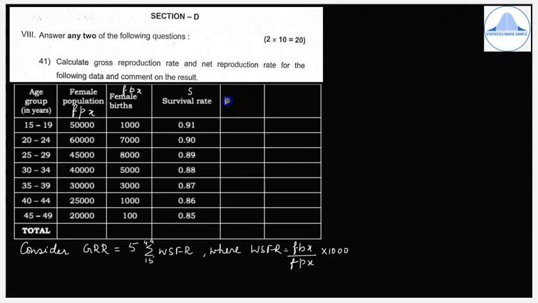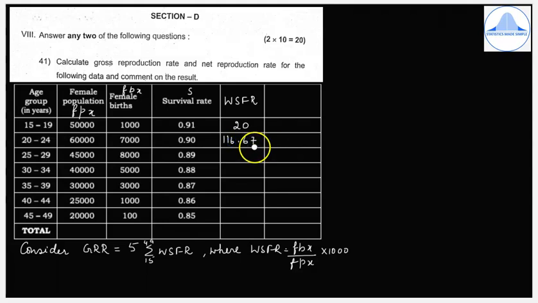So in the table, let us form the column WSFR. So it is 1000 divided by 50,000 into 1000. So that will give us 20. So write 20 over here. Similarly, 7,000 by 60,000 into 1000 will be 116.67.